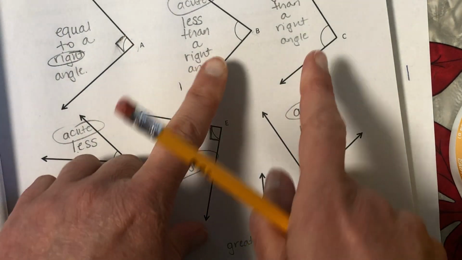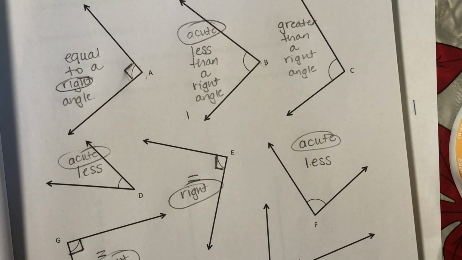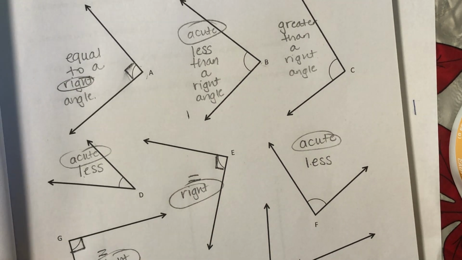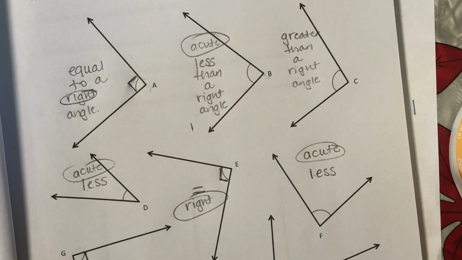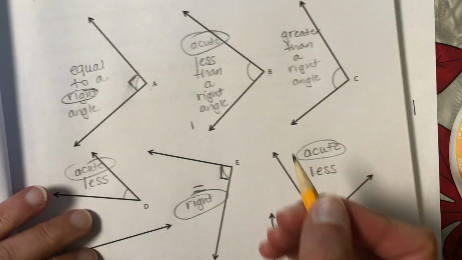So when I have an angle that is greater than a right angle, but less than a straight angle, and we'll talk about that definition a little more in detail, but when I've got an angle that is greater than a right angle, but it's not laying flat, then I call it an obtuse angle.